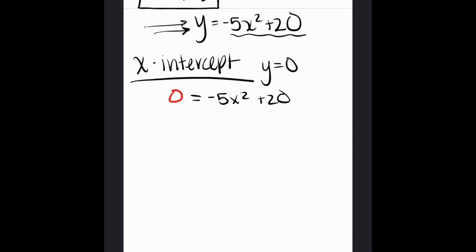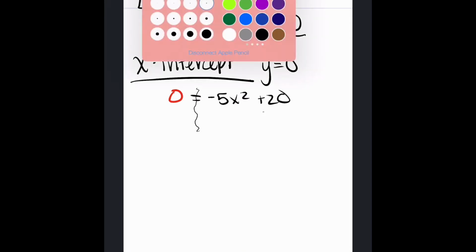So from this point, what I want to start doing is isolating this x variable, or getting x alone. In order to do that, remember, we have to get rid of everything else that's on the right side of this equal sign with it, starting from the furthest thing away. So it's like starting from the outside and working your way in. So we've got to get rid of that positive 20 by subtracting 20.